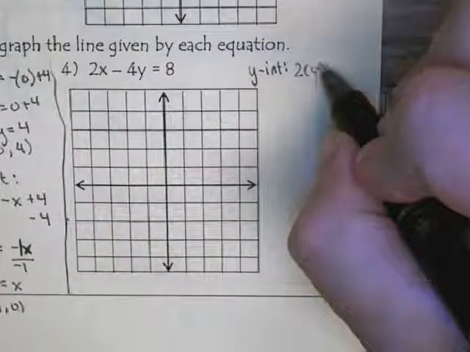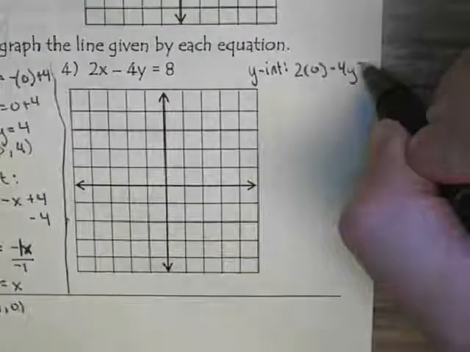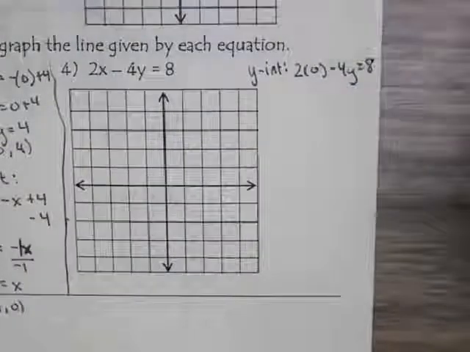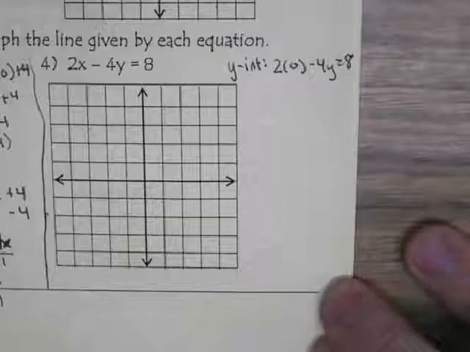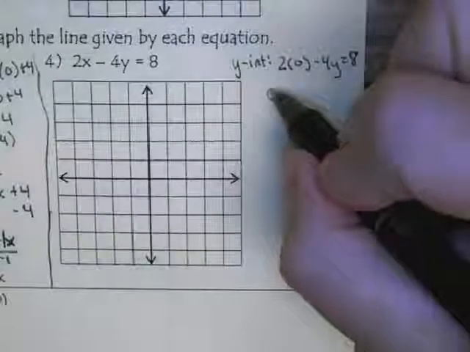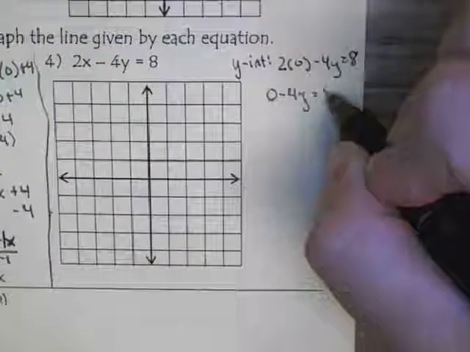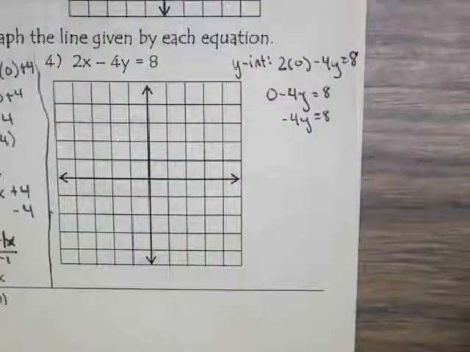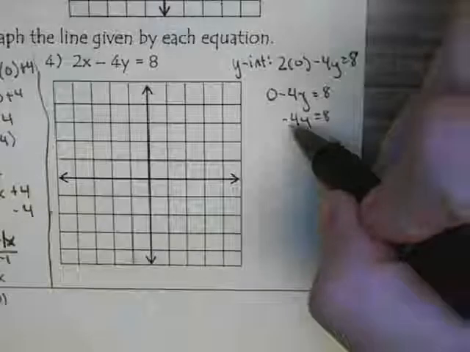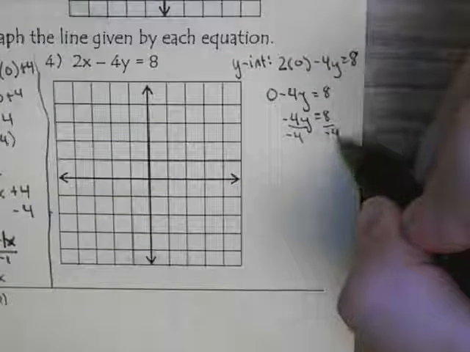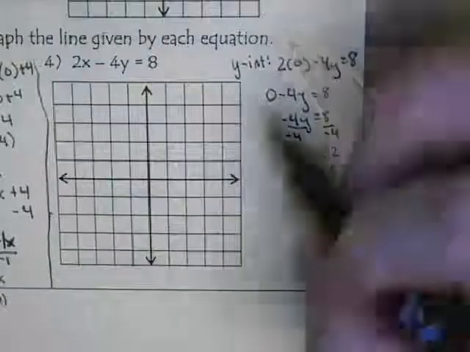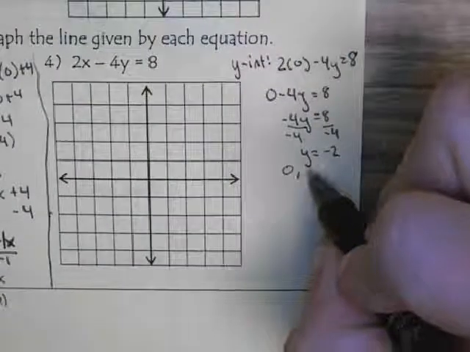So I have 2 times 0 minus 4y equals 8. So this would be 0 minus 4y equals 8. Negative 4y equals 8. Divide both sides by negative 4, and we get y is equal to negative 2, or the point 0, negative 2.